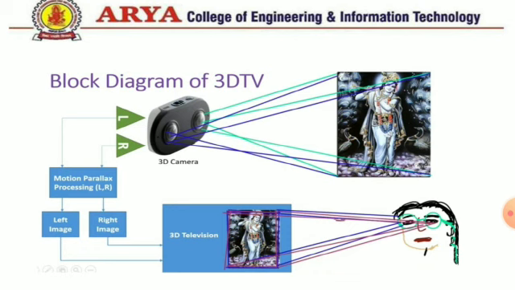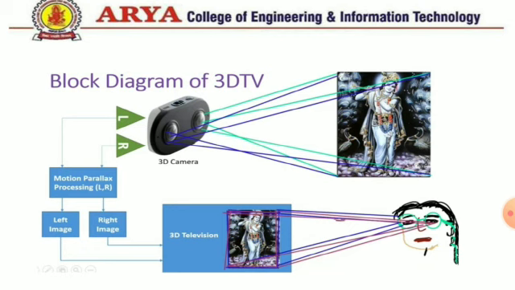So this video will now have two different signals, one for the left eye and the second for the right eye. If I say the left eye is taking the image at a nearer distance, and the right eye is taking the image at a farther distance, then both of those signals are delivered to the television.